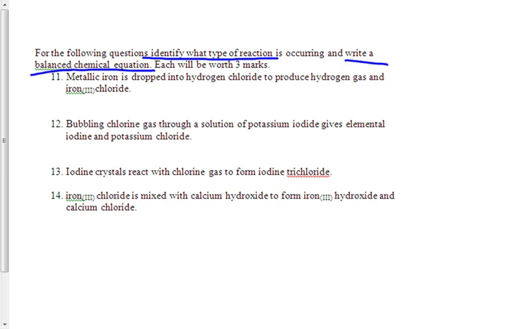No. So you have to make sure that you do both. Always check all of your swaps and drops. Swaps and drops are really, really important in this section, because if you don't get them right, you won't get the balancing right, and you're going to get 1 out of 3 on a question where you mess up a formula.